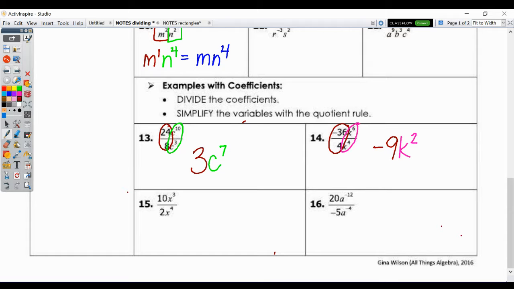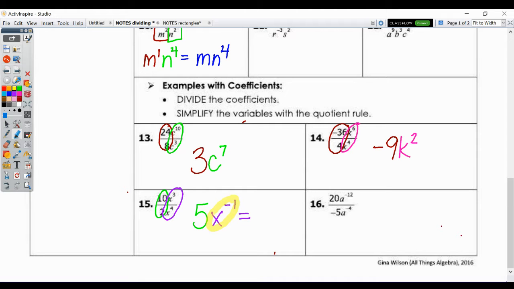Look at number 15. 10 divided by 2 is 5. And then if I look at my variables and my exponents, I have x to the third divided by x to the fourth. So that's going to be x. 3 minus 4 is negative 1. Okay, so we know we cannot have this x to the negative 1.